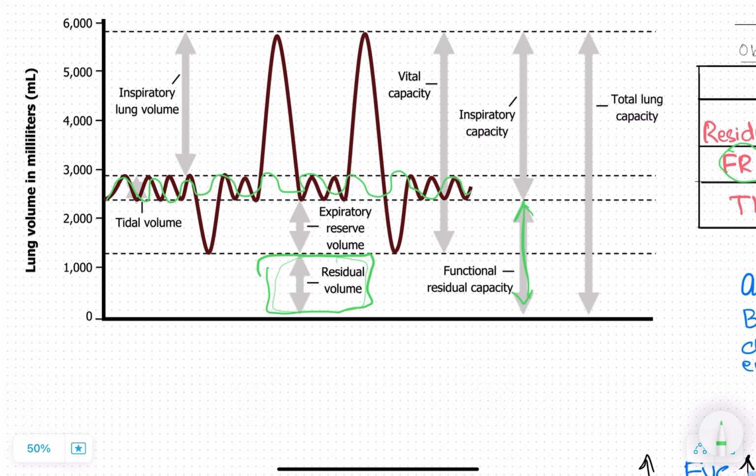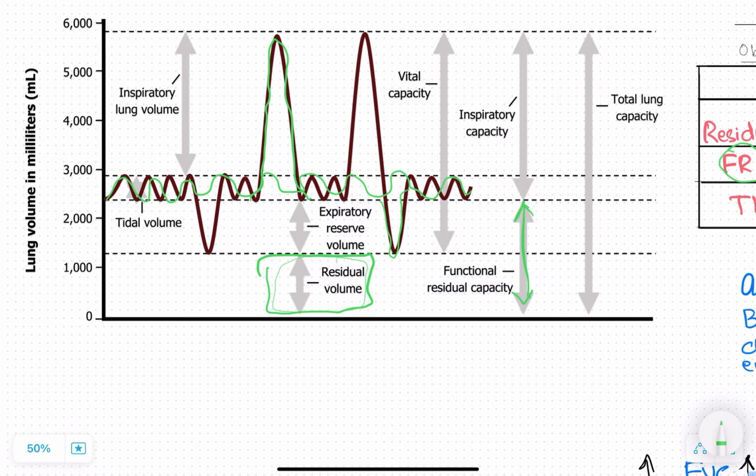And if there is a forceful inspiration and a forceful expiration, then the forceful inspiration is the inspiratory reserve volume, and the expiration is the expiratory reserve volume. The patient can inspire this much air and has the capacity to expire this much air.